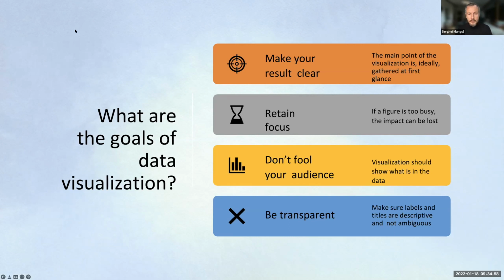Now, a good approach is not to fool your audience, like not to design a figure in a way that it will tell something not true, where it will highlight some parts of the data and shade and hide another part, so you're misleading the audience. So don't do that. I think be transparent, in the sense that you make sure labels and titles are descriptive and non-ambiguous.